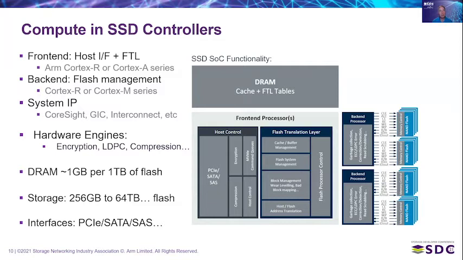In addition to that, there are other components like the interrupt controller, interconnect, you name it, lots of different standardized IP required in order to build up a system. But certainly some of the most important pieces are hardware engines. No SSD would be complete without some dedicated hardware focused specifically on certain functions.